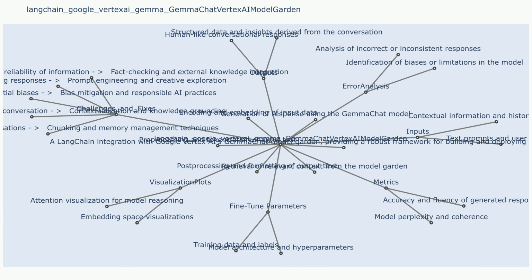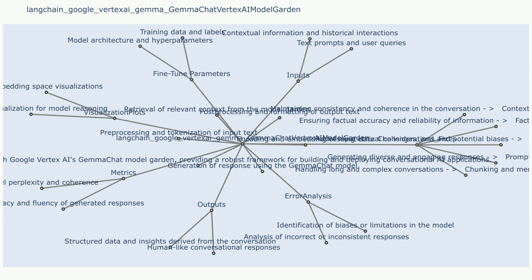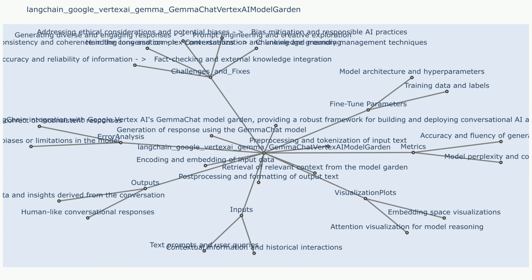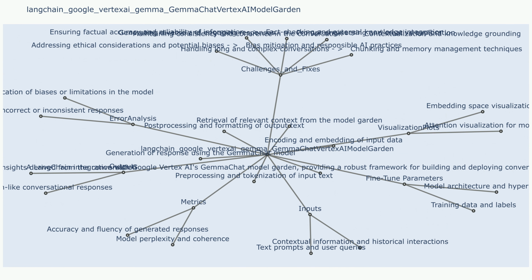Metrics. Metric 1: Explain in detail. Perplexity, a measure of how well the model predicts the next word in a sequence. Lower perplexity indicates better performance. Metric 2: Explain in detail. BLEU score, a measure of the quality of machine translation, assessing how closely the generated text matches a reference translation.